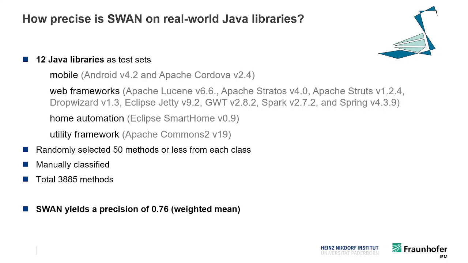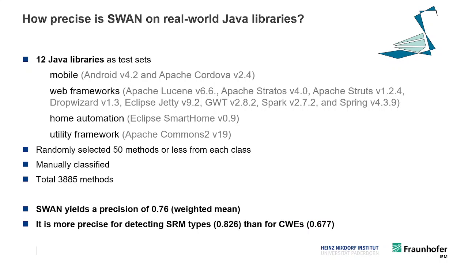So this is how one would expect SWAN to run on real-world Java libraries. This was the overall result for all classifiers. If we only look at the precision after the first round, which is after classifying into SRM types, the precision is quite good, at 82.6%.